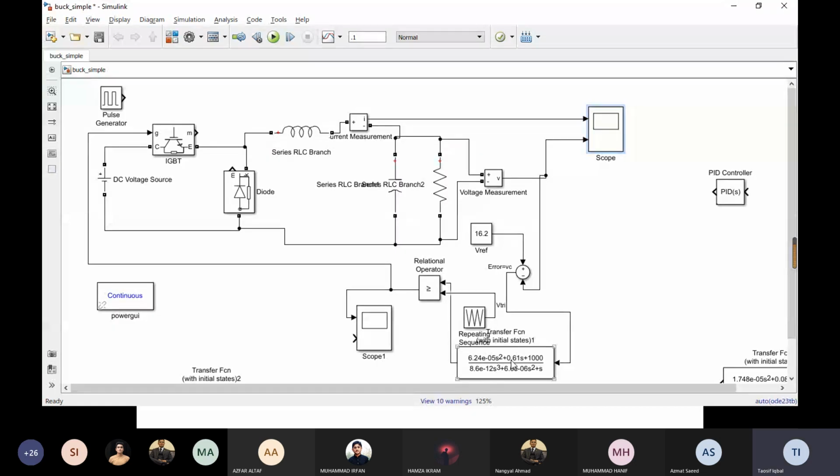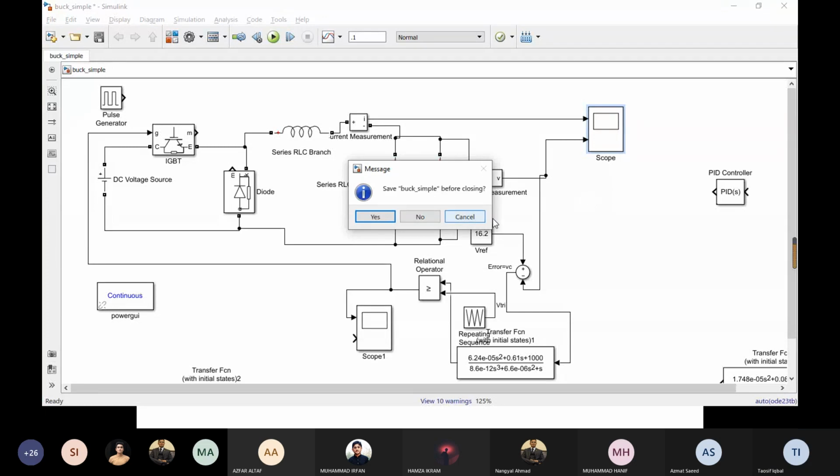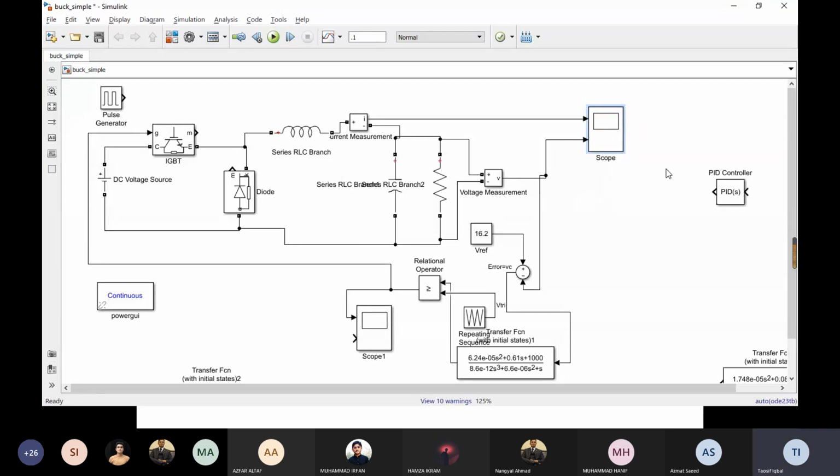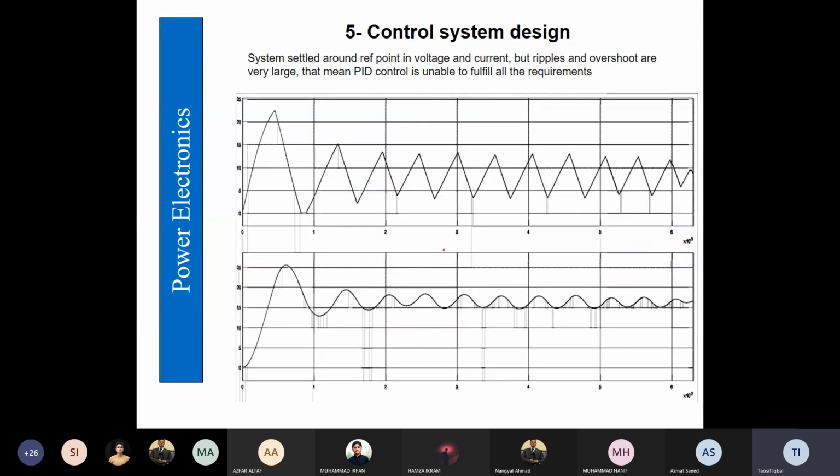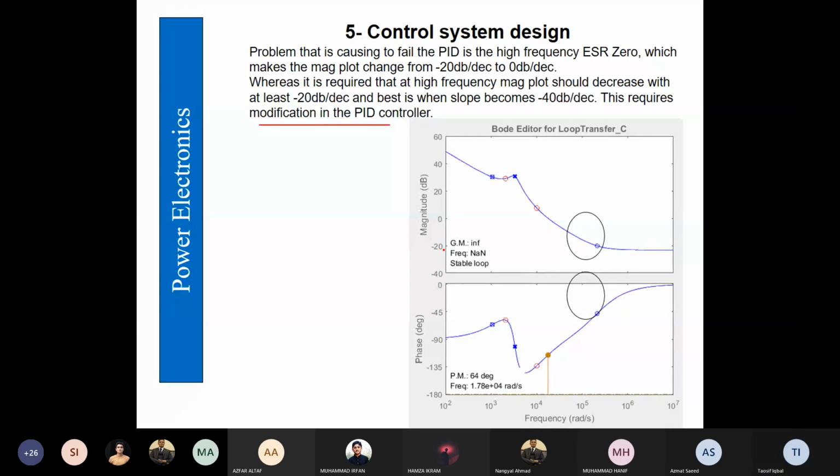So how did we develop this modified PID? We have added one more pole at higher frequency. So the problem is this high frequency zero.